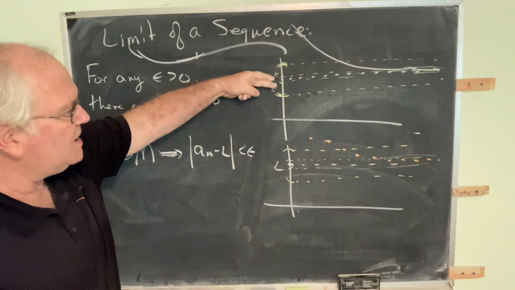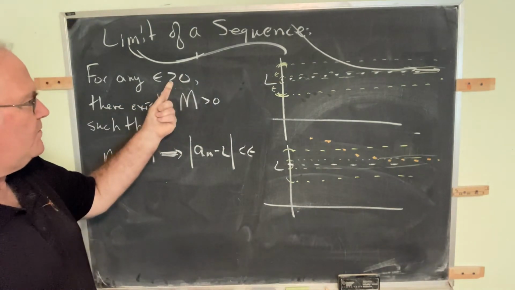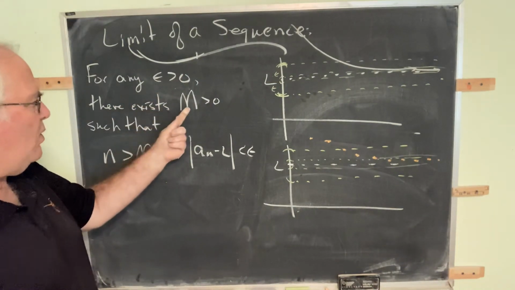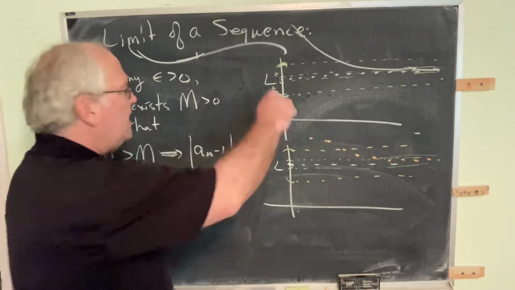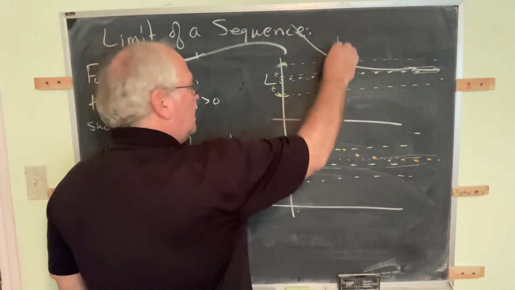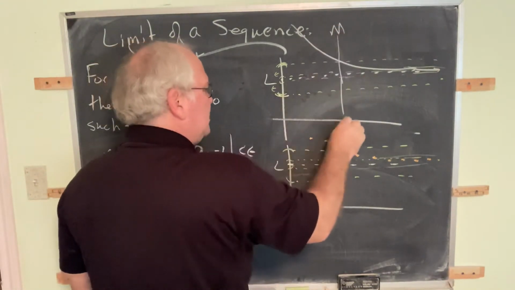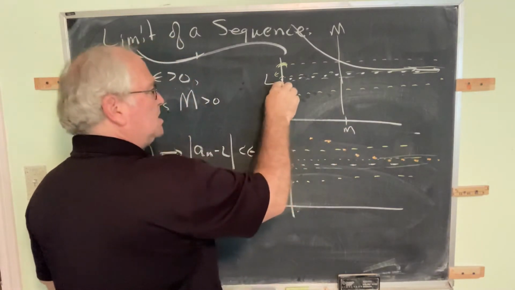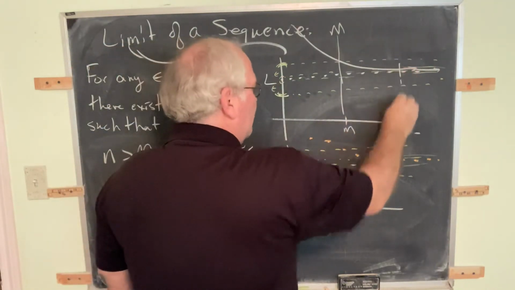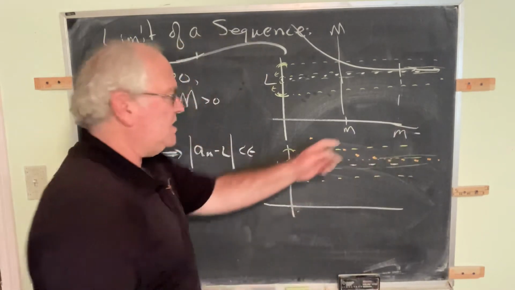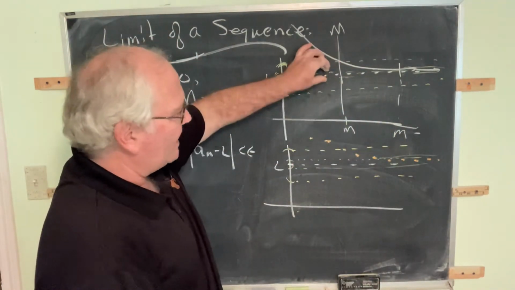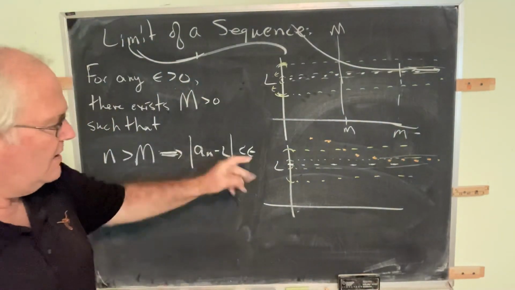No matter what size epsilon you pick, there is a point beyond which, so in the first case, this was my M. But when you choose a small epsilon, M is this number. So the choice of M depends on how tight the sleeve was.